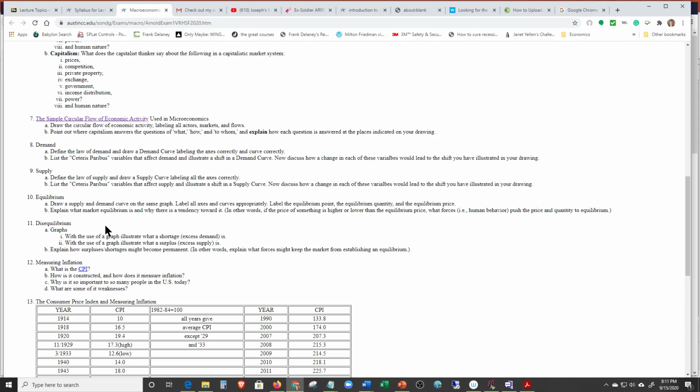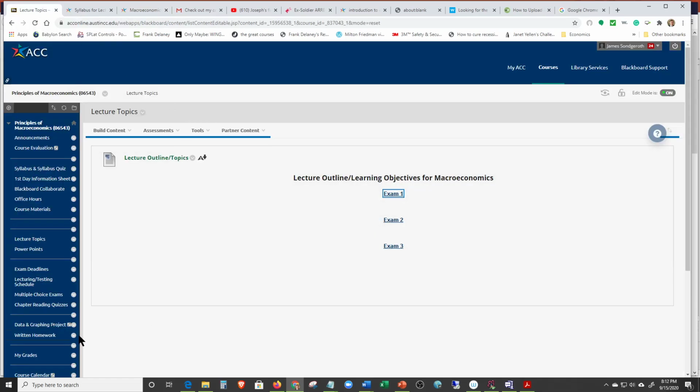So we'll want to go through, once again, some graphs on excess demand or shortage and excess supply or surplus, and talk about how these might become permanent. In other words, what forces might keep the market from going to equilibrium. So let's get started by going to the PowerPoint on this topic.